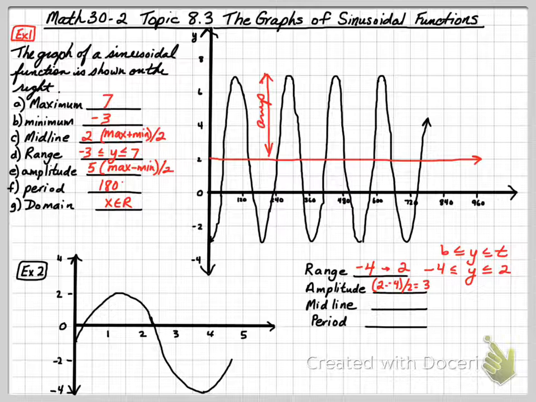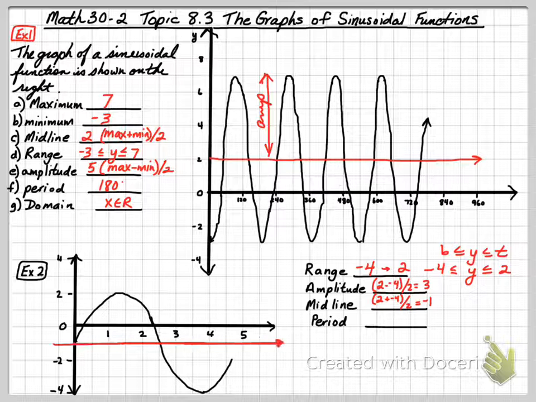When we look at amplitude, again, we can look at the max minus the minimum divided by 2, which puts the amplitude at 3. The midline is going to be at the maximum plus the minimum divided by 2, which is 2 plus -4 divided by 2, which puts the midline at -1.